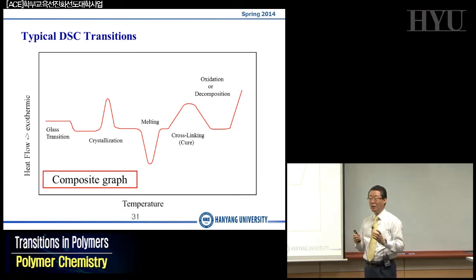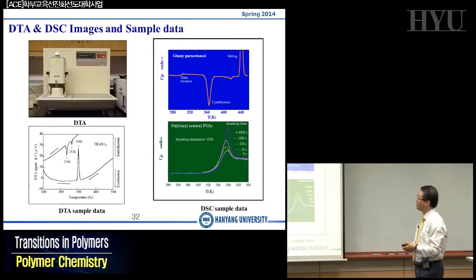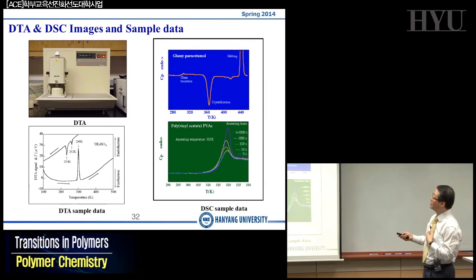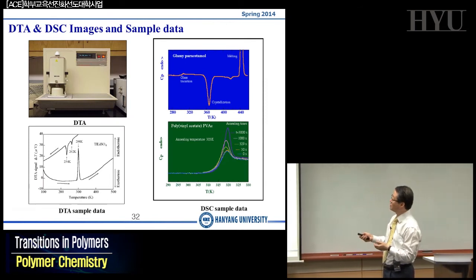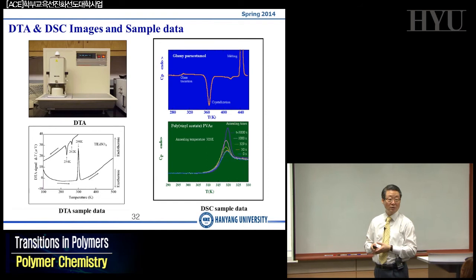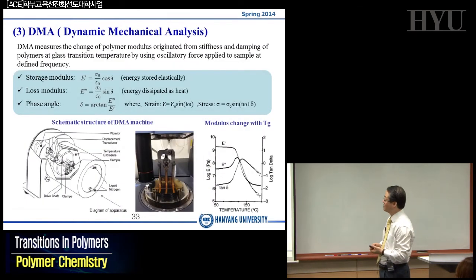Particularly, if you have aromatic rings in your chains, it's not easy to detect the glass transition temperature using the DSC. So these are typical DTA and DSC images. This was a very old model, but we have new models, as I showed you last time.